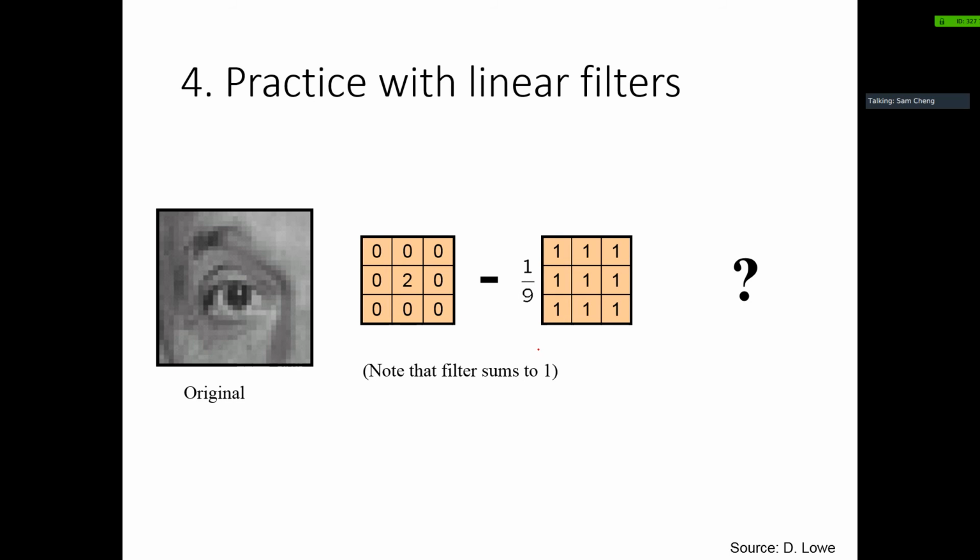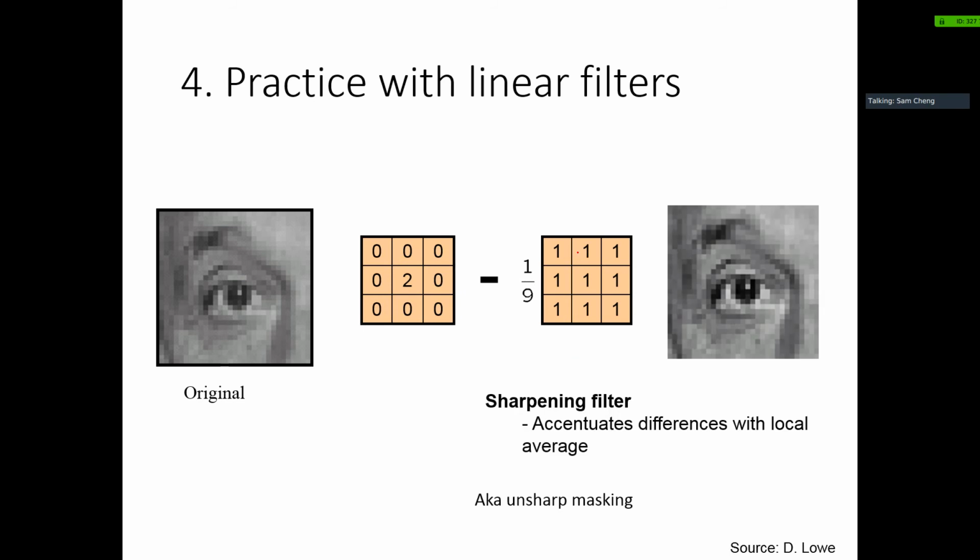Close. Yes, there's a smoother here, but you subtract the smoother version. This is an interesting operation. They have a name for that. It's called unsharp masking, and the name is weird to me. I don't know, my English is bad. I don't know why it gives a name like this.